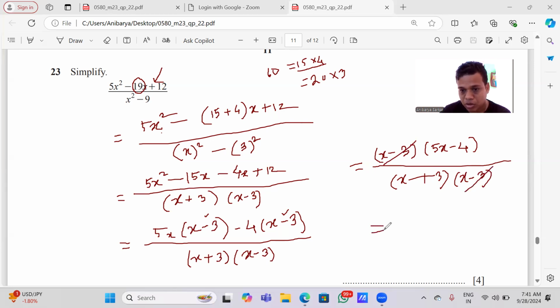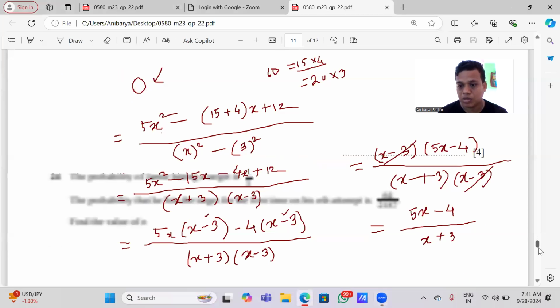So the remaining answer is 5x minus 4 divided by x plus 3. That is the answer. Done. Now next, question number 24.